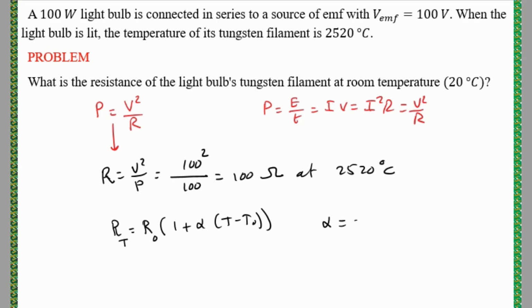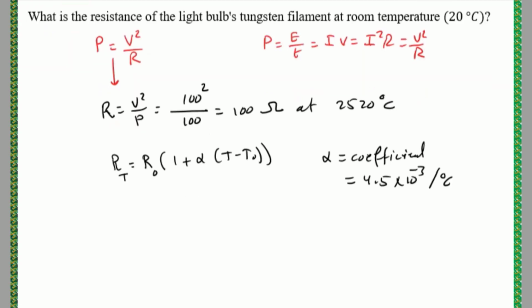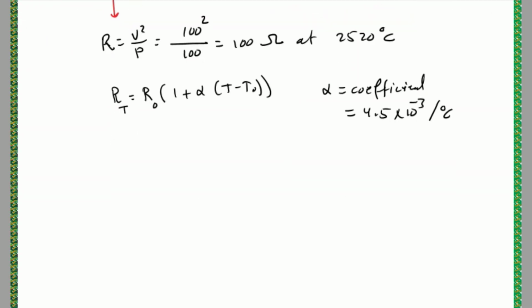Alpha is the temperature coefficient. For tungsten, it is 4.5 times 10 to the minus 3 per degree centigrade. Now, isolate R naught. R naught equals RT over 1 plus alpha times T minus T naught.